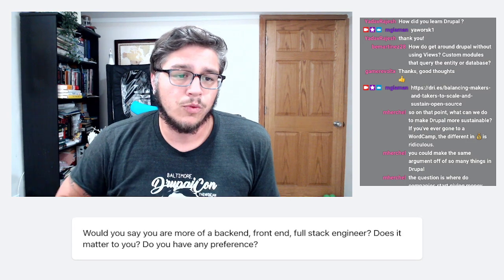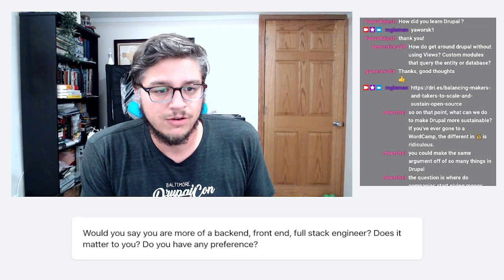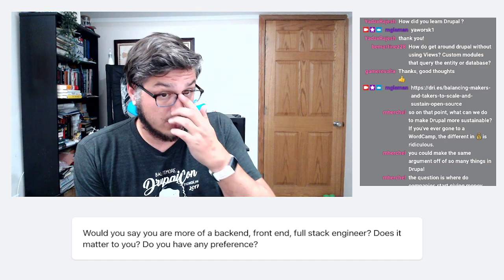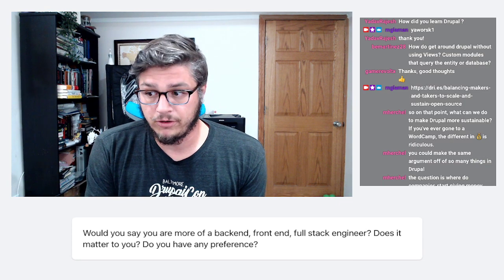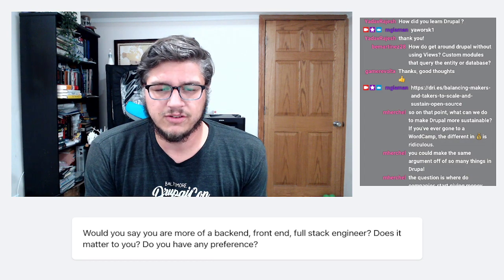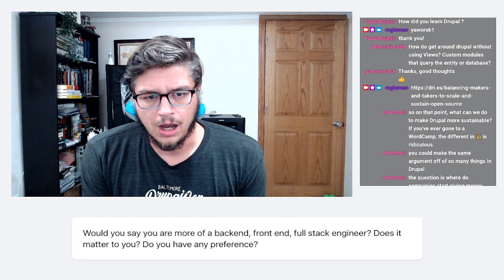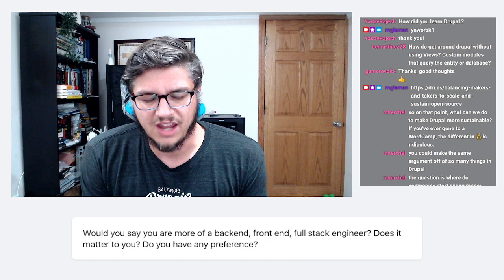Would I say that I am more of a back-end, front-end, or full-stack engineer? Does it matter to me? Do I have a preference? This was a recent revelation. I was always calling myself a back-end software engineer because I primarily wrote in the back end. But I realized I also did a lot of front-end stuff, but I didn't call myself a front-end engineer because when I did front-end stuff, it wasn't necessarily styling, it was JavaScript.